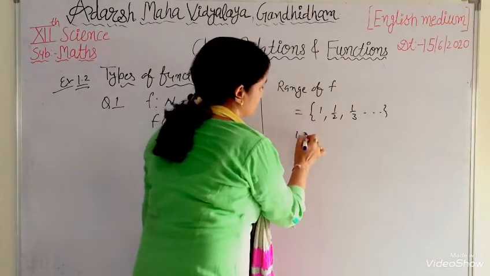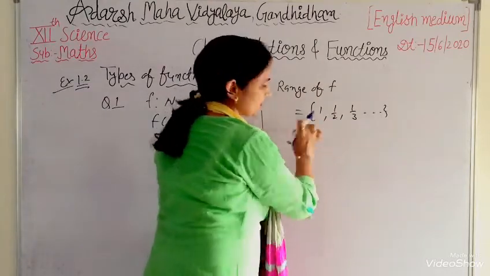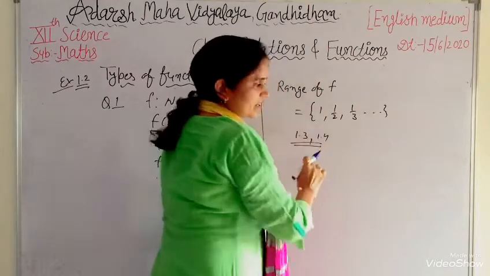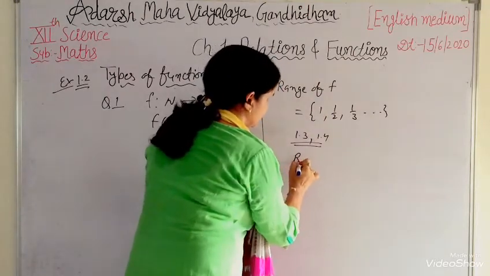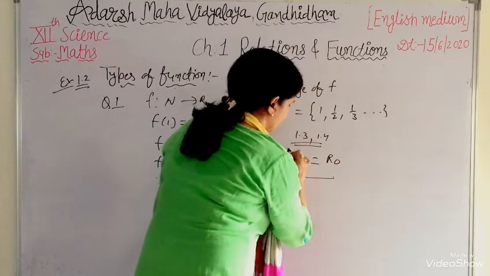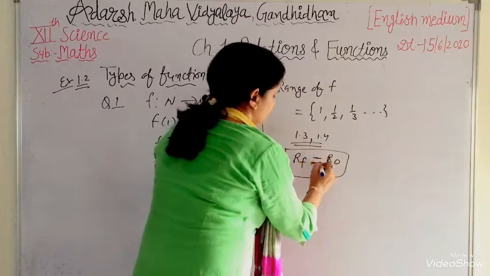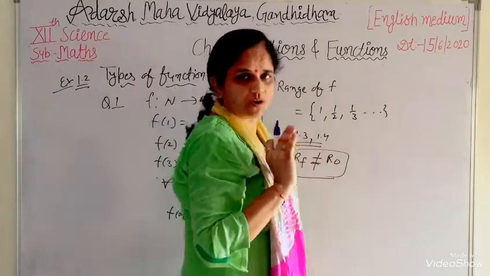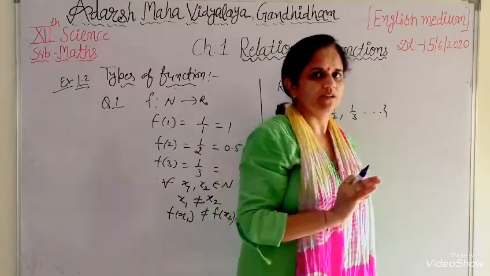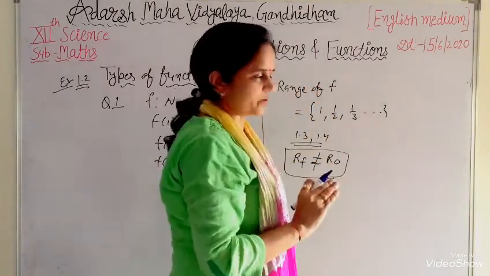If you are taking 1.3, it is not in the range. Okay, 1.4, it is not in the range. Hence we can say that range is not equal to R0. Range of this is not equal to R0. Okay, so range and codomain are not equal. The function is not onto.